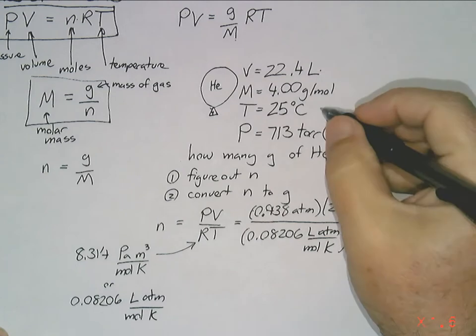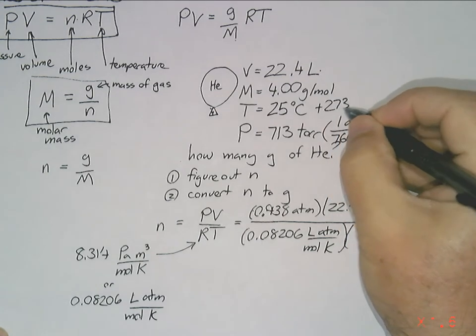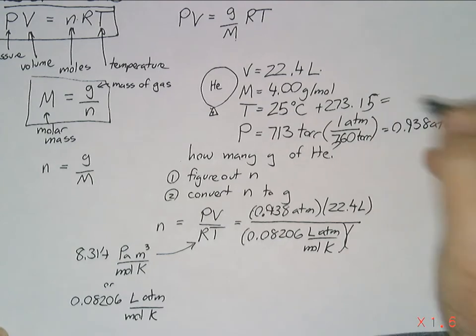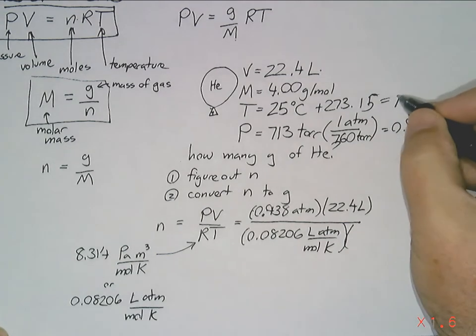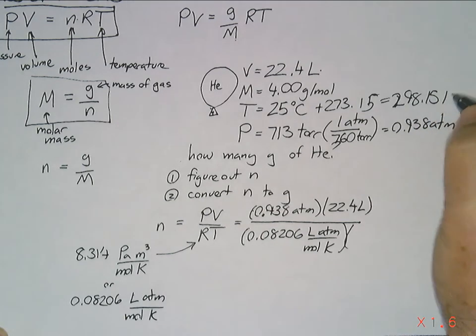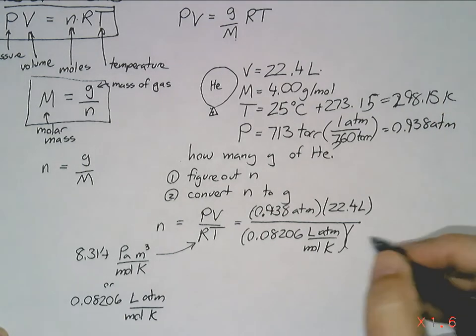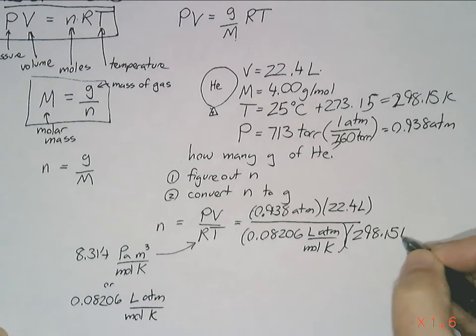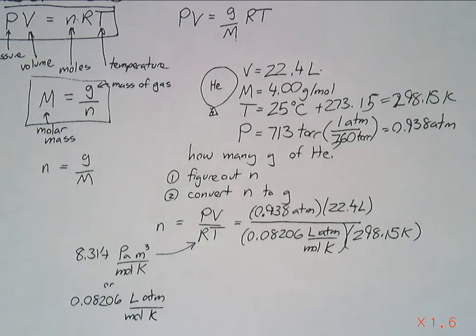So this has to be Kelvin. You add 273.15 to a temperature to turn it into Kelvin. So this will be 298.15 Kelvin. So I'll plug that in there. And then you can grind it out. Let's see.